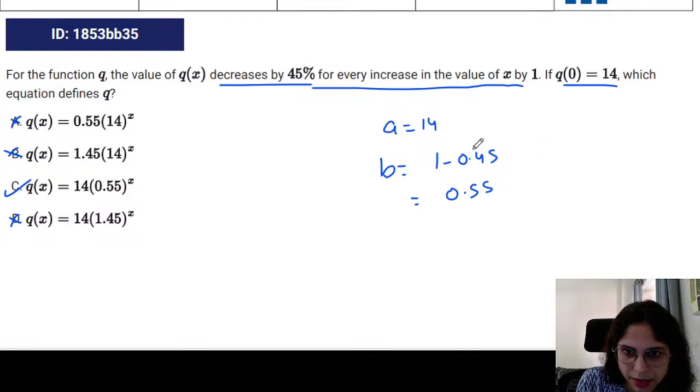Because you are decreasing, that means decreasing means 1 minus r. R is 0.45. Got it? Next is 127. So this is easy only.